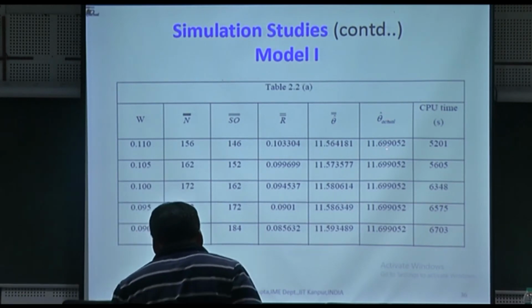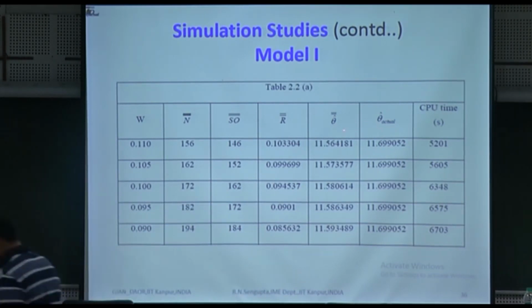Similarly, if I want to compare the estimated value, this actual value is given, which I told is given in the data set. This I am comparing with my actual value of theta which I am estimating. And these are the CPU timings which are given. So for different values of parameters, what are the parameters? One is lambda, one is W, one is A. A means overestimation, underestimation.